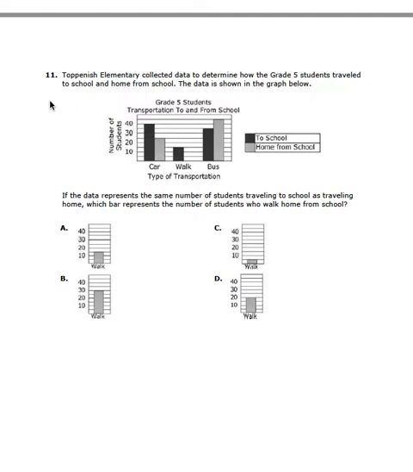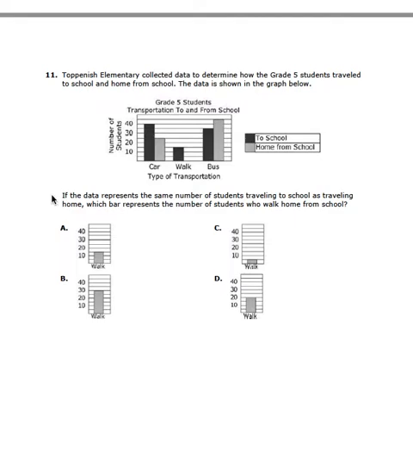Question 11. Tapinsha Elementary collected data to determine how the grade 5 students traveled to school and home from school. The data is shown in the graph below. Grade 5 students, transportation to and from school. Type of transportation, car, walk, bus. Number of students, to school, home from school.